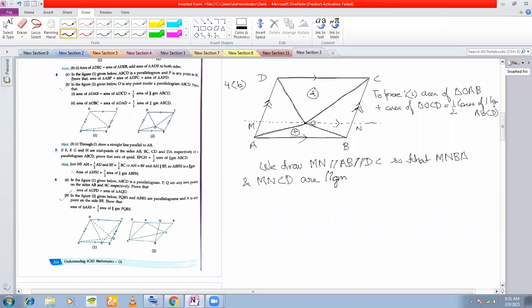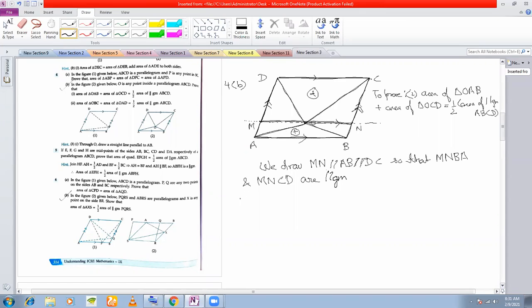Okay, so this dotted line divides the entire parallelogram into two parallelograms. This parallelogram, and also this small parallelogram at the bottom.